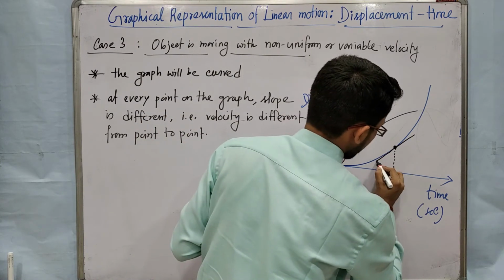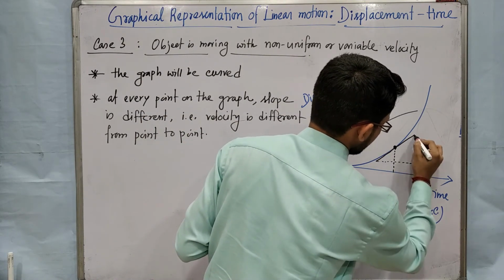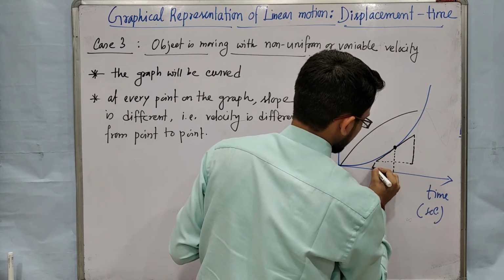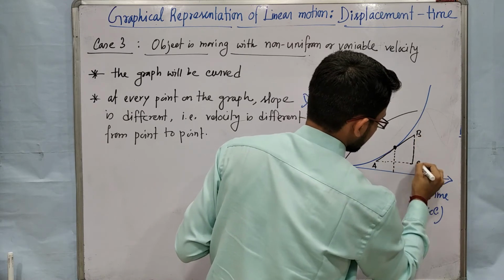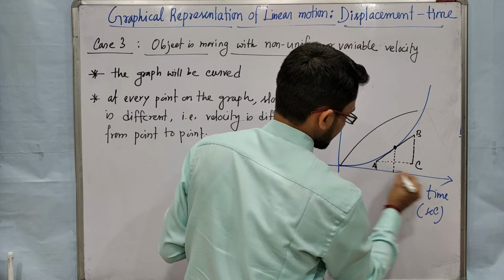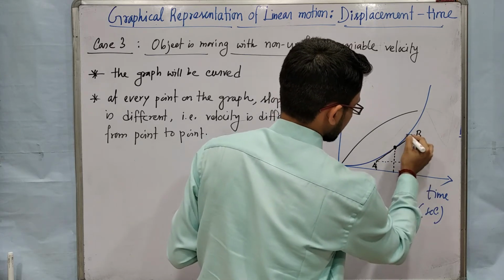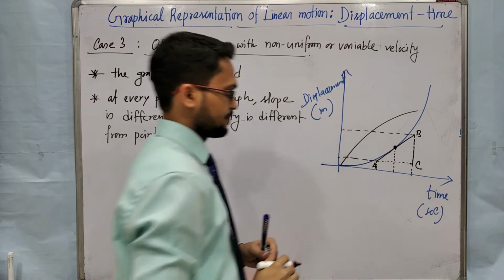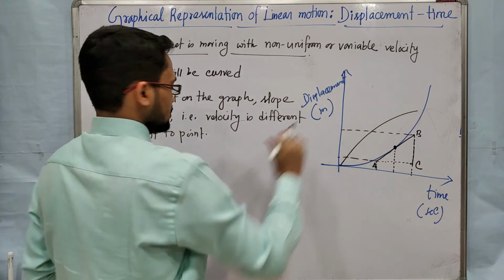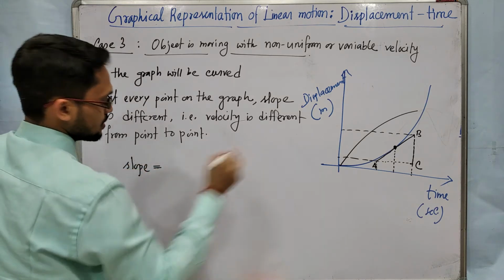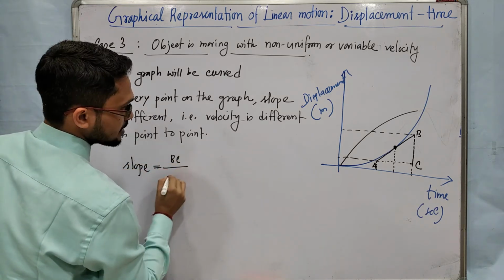Now draw that same thing, triangle. Give a name. Suppose it is A, B, C. Okay, you will get the times. This is the time 1, time 2, and in the same way this is the displacement 1, displacement 2. Okay, so slope equal to, it will be BC by AC.